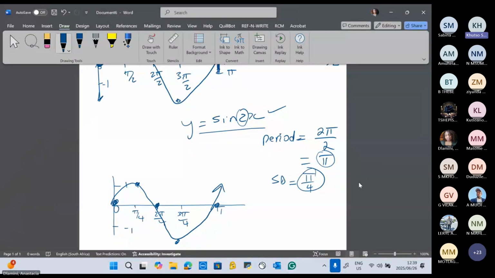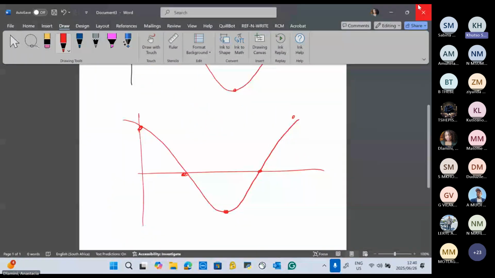Irrespective of the k value, our step will be pi divided by 4. Please repeat. The k value doesn't change our step, which will be pi over 4. Our step is always pi over 4. But then the k value also affects our steps.